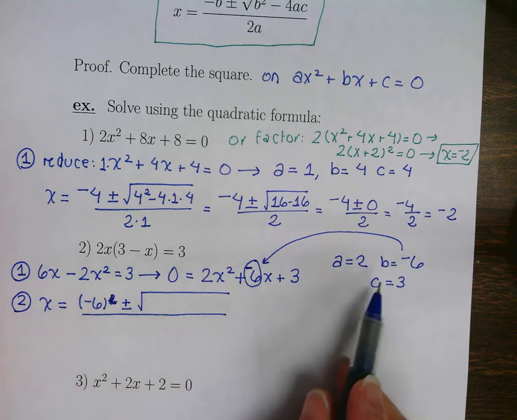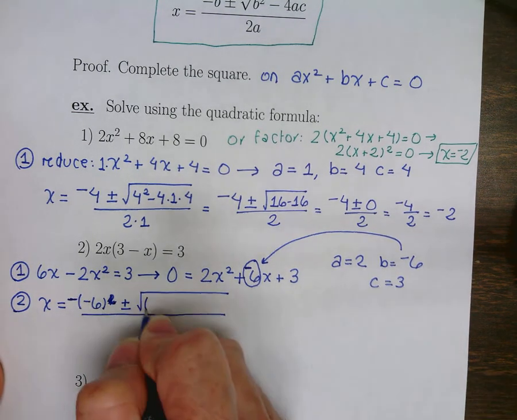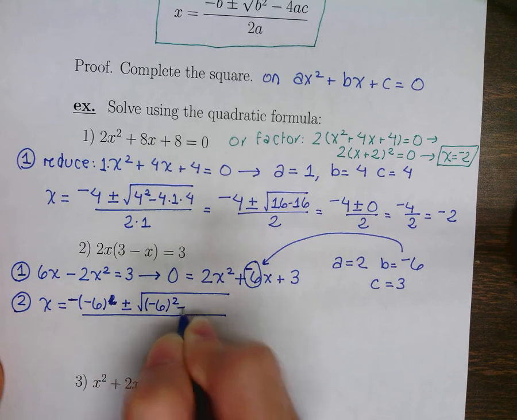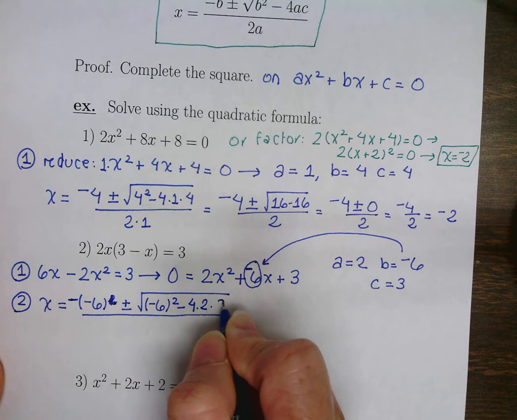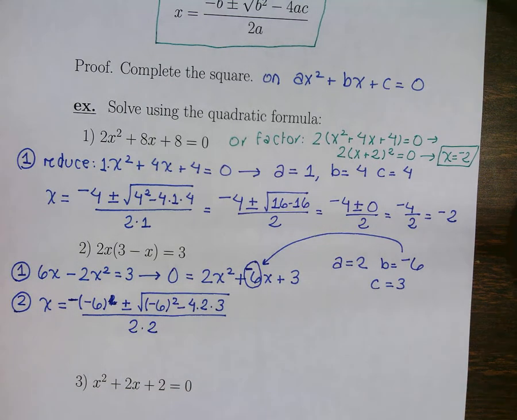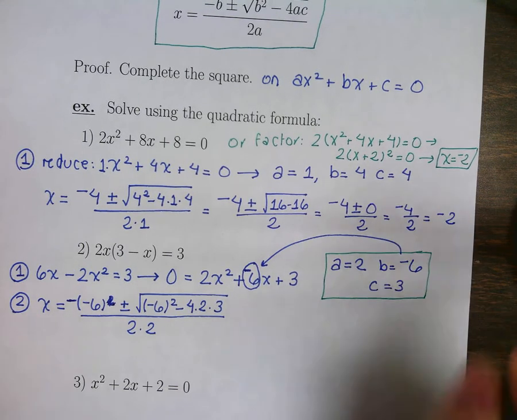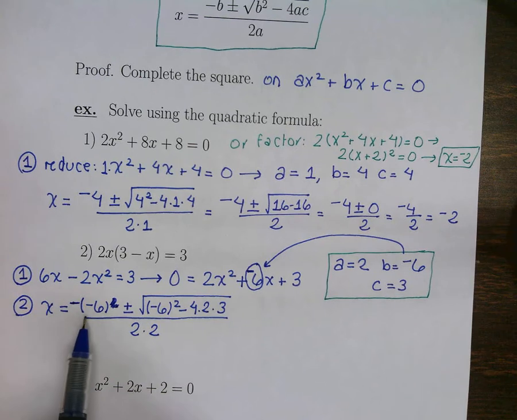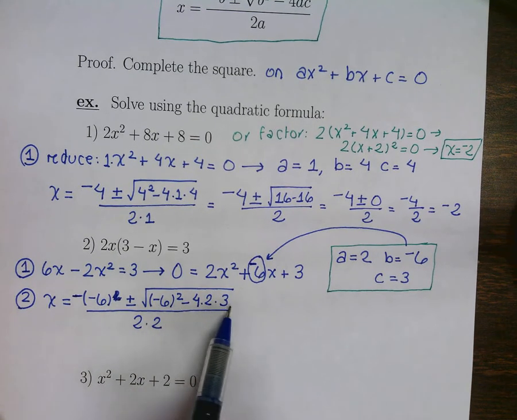It's the opposite of B, so it's minus a minus 6, plus or minus the square root of B squared minus 4 times A times C, all over 2 times A. Okay, again, these are the values that I'm plugging into the quadratic formula. And sorry about that, it's the opposite of B, plus or minus the square root of B squared minus 4AC.